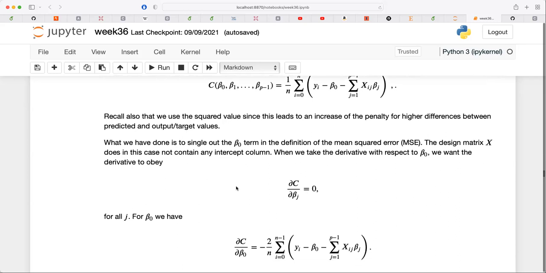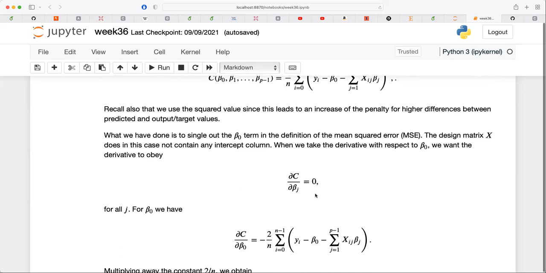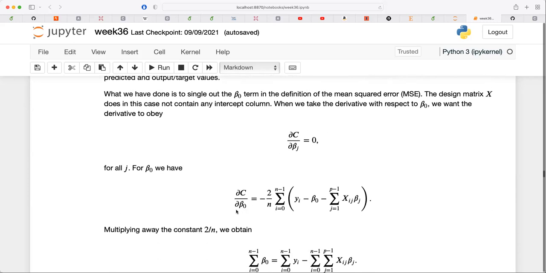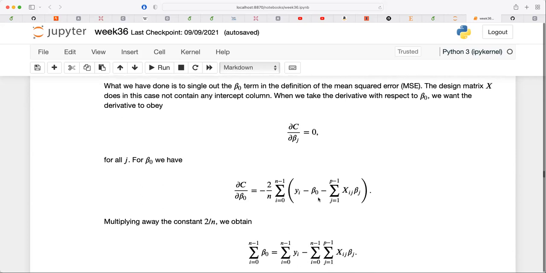And if you now want to optimize a problem, you calculate these different derivatives. If you take the derivative with respect to beta zero, you're just having this specific term here. That's the derivative with respect to beta zero, the intercept. So keep in mind, as I said, that this is a problem which is pertinent to the polynomial fitting, where you actually want to have the intercept. In many of the problems you're not fitting a polynomial.